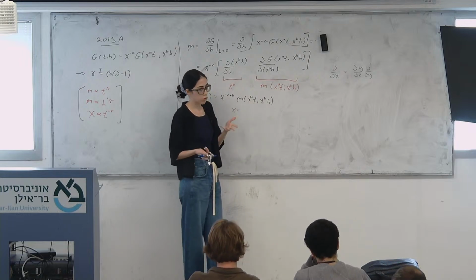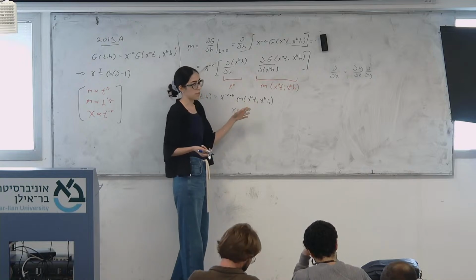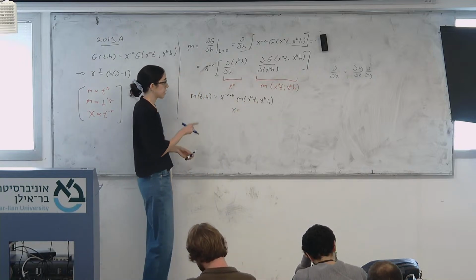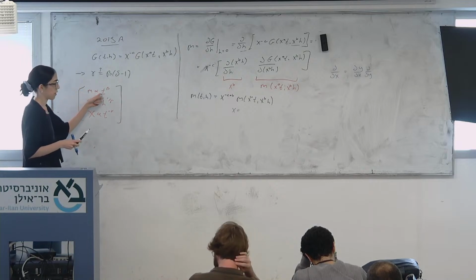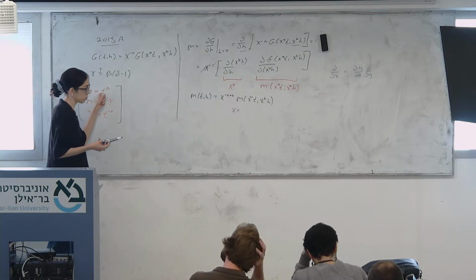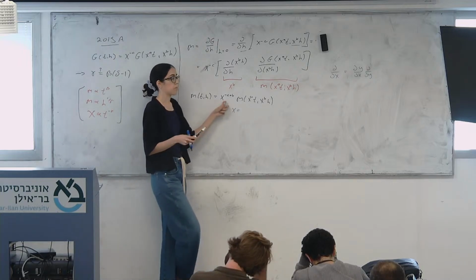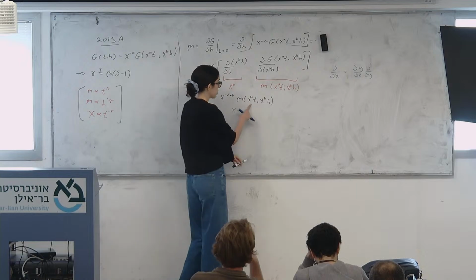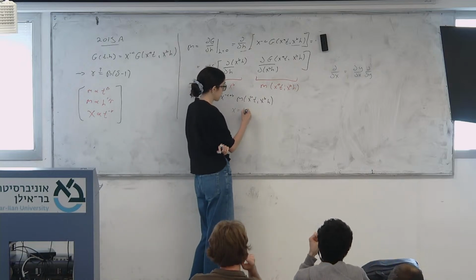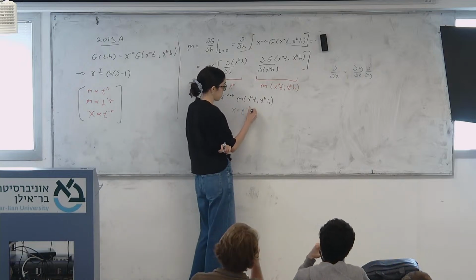And the way we know to choose which one of them we want to get rid of is by what we want to find. So here we want to find the dependence on the temperature. So we want to have something that depends on the temperature outside of the magnetization. So let's choose x to be t to the minus 1 over a.